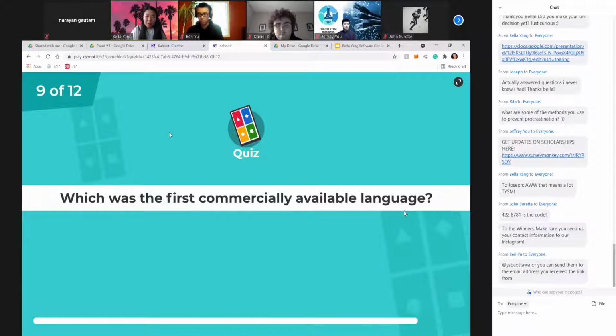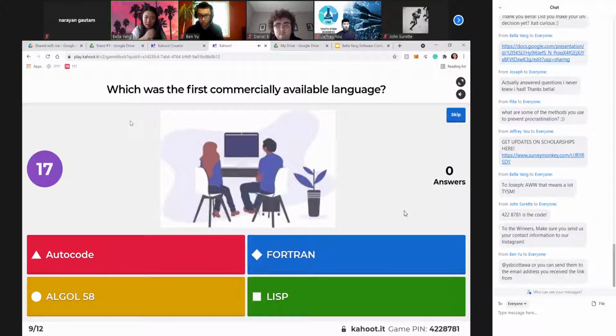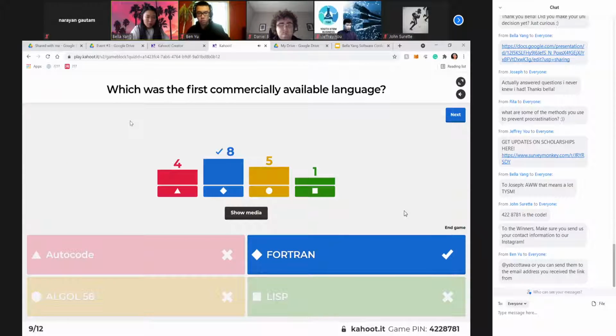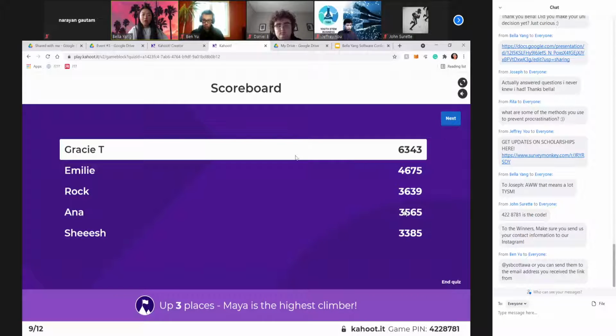Which was the first commercially available language? Fortran stands for formula translation. Travis Scott is coming up.